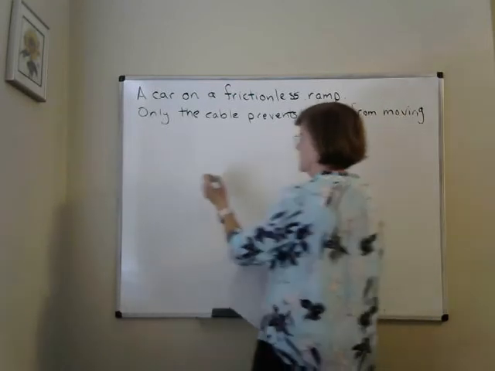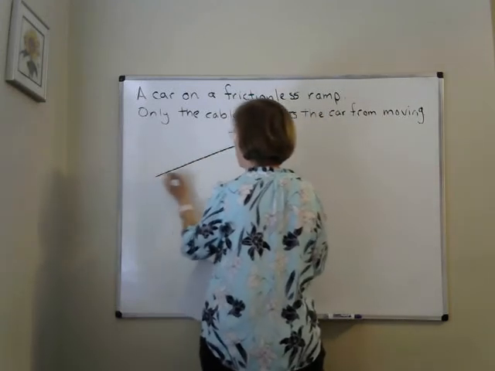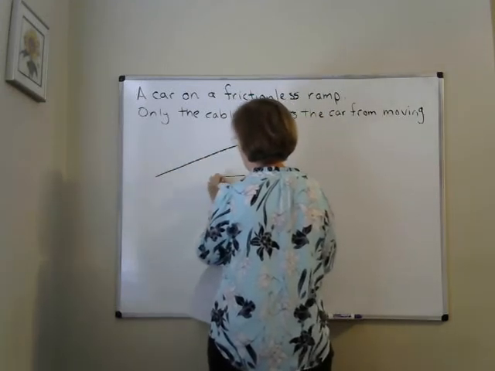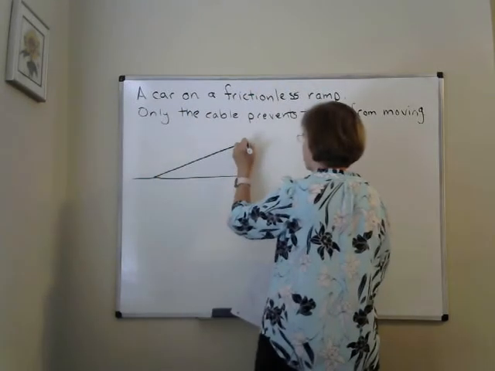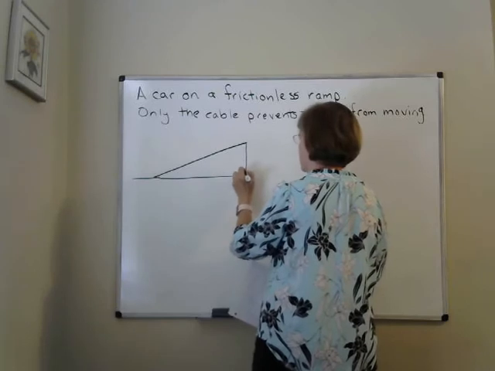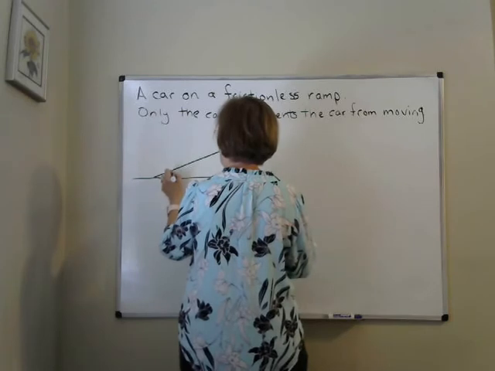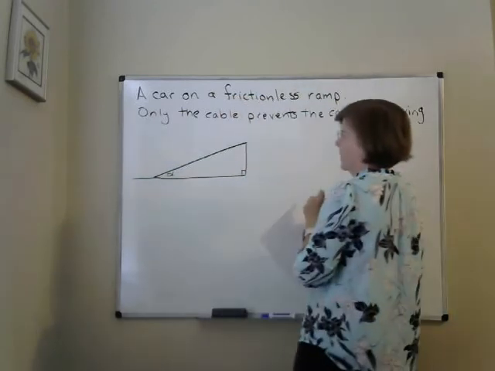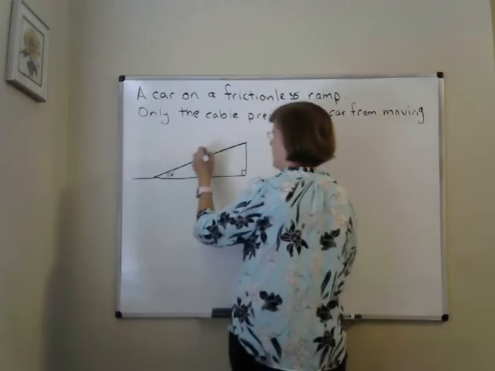Okay, so what's this look like? We have a ramp or an inclined plane. There's the ground, and it makes some angle of alpha with horizontal. Up here we've got a car.